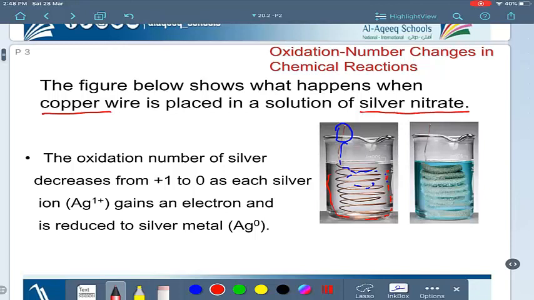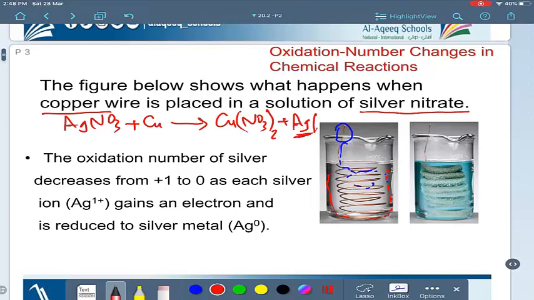You will see that silver nitrate, AgNO3, reacts with copper metal and yields Cu(NO3)2 plus Ag precipitated. Look at the precipitation of silver.